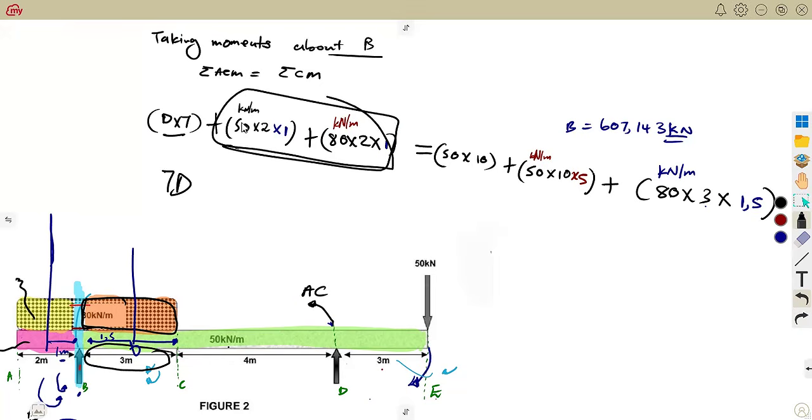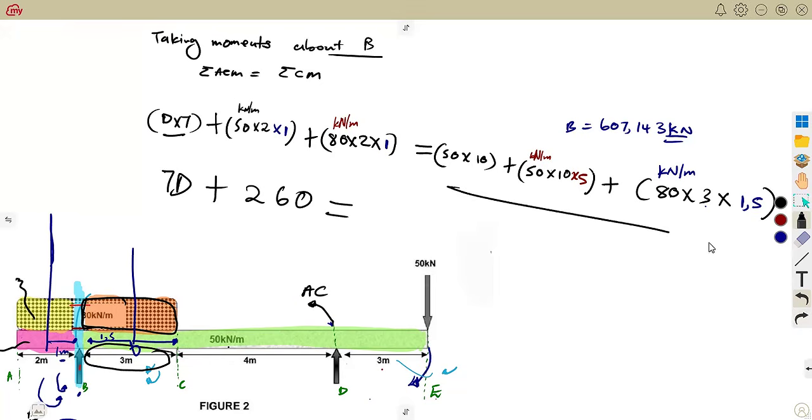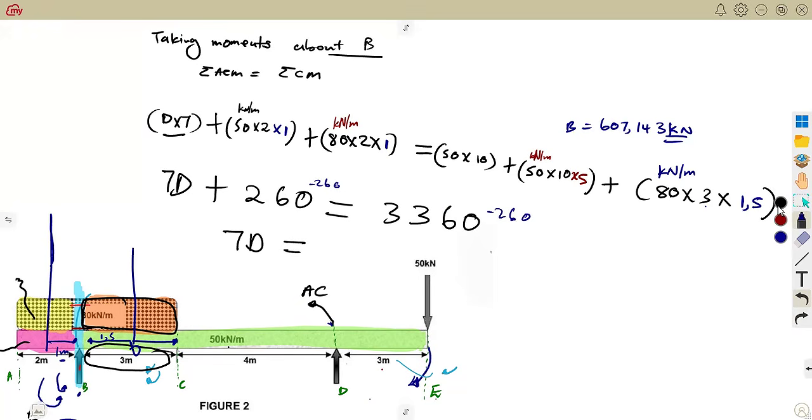Combine these two together. It was going to give us 260 is equal to, you combine everything on the right hand side, is going to give us 3,360. So 7D is equal to, if we subtract 260 both sides, it is going to give us 3,100. So to find the value of D, simply divide by 7 both sides.